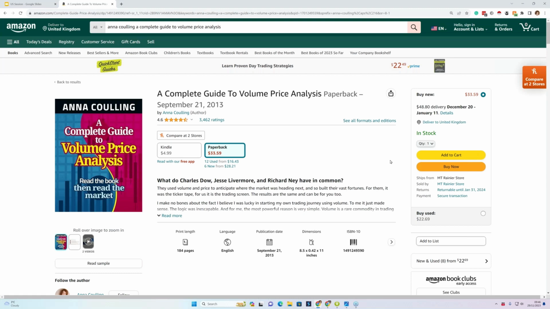On top of that, you can add whatever you've been using, whether it's proprietary indicators or standard indicators such as moving averages, Fibonacci, MACD. It really doesn't matter, but VPA is your first principles.